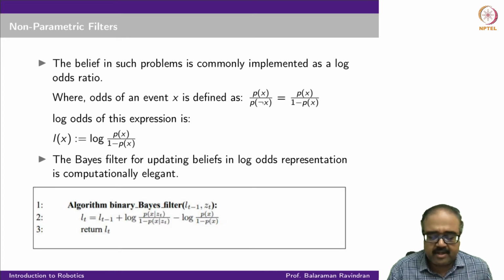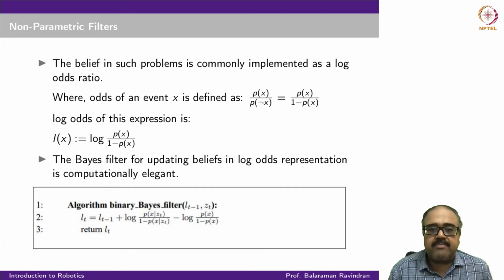This is the log odds of p of x given z t, minus log of p of x divided by 1 minus p of x, where p of x is the probability that x is true before I have seen any observations. You can think of this whole expression as L naught, the belief at time 0.